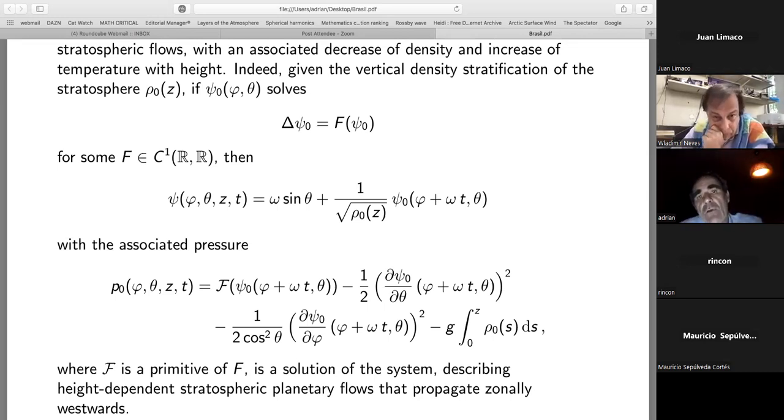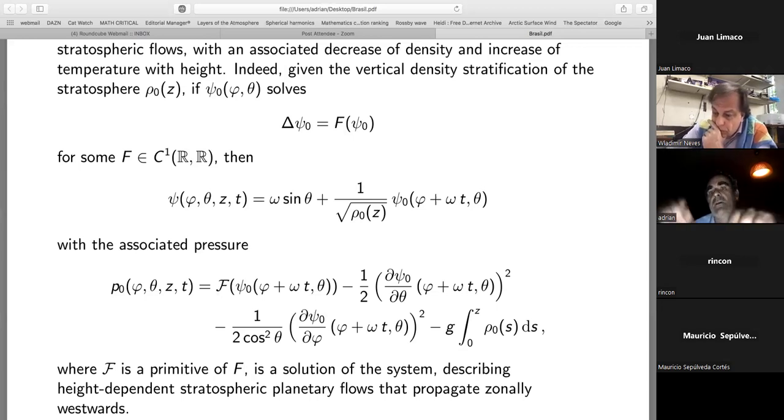So if I solve this nonlinear elliptic equation, so if I find an f and a psi that satisfies Laplace of psi equal f of psi on the whole sphere, then I can change the psi 0 in this way. So what is the change from psi 0 to psi?